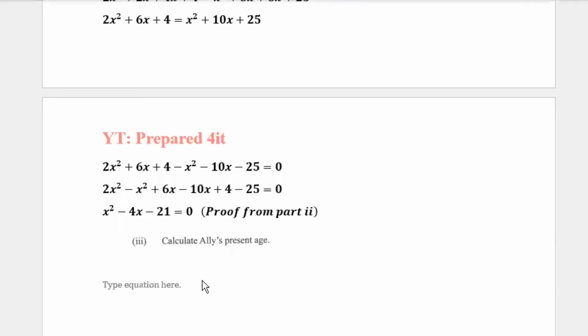All right, so part 3 now asks us to calculate Ali's age. So remember, what was Ali's age in the question above? What did they give us Ali's age as in the original part of the question?